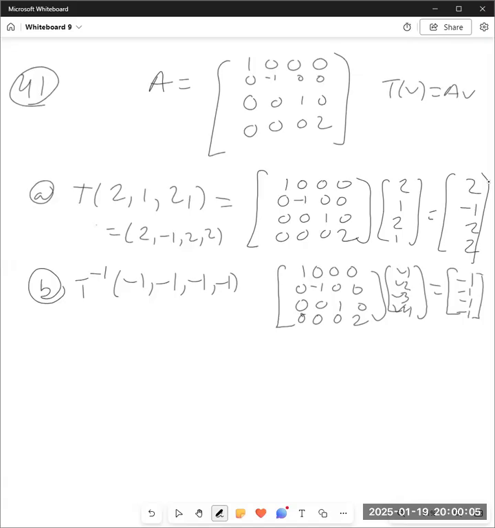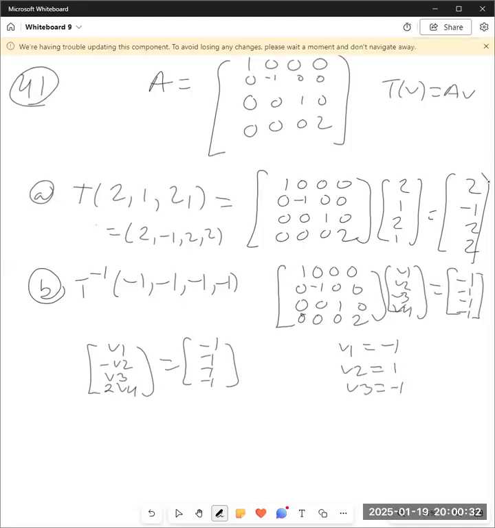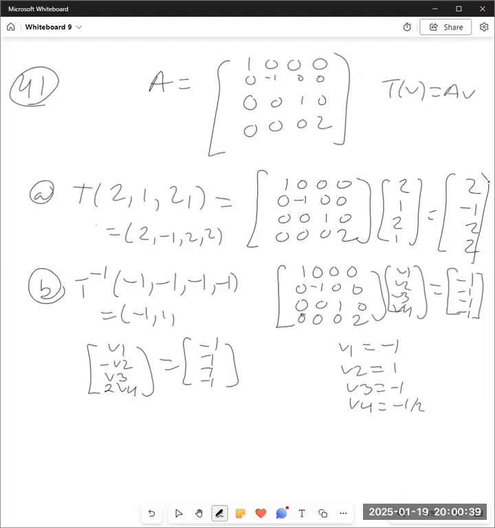So that tells me that we have v1, negative v2, v3, 2v4 equals negative 1, negative 1, negative 1, negative 1. That's v1 equals negative 1, v2 equals 1, v3 is negative 1, v4 equals negative 1/2, making this pre-image negative 1, 1, negative 1, negative 1/2.